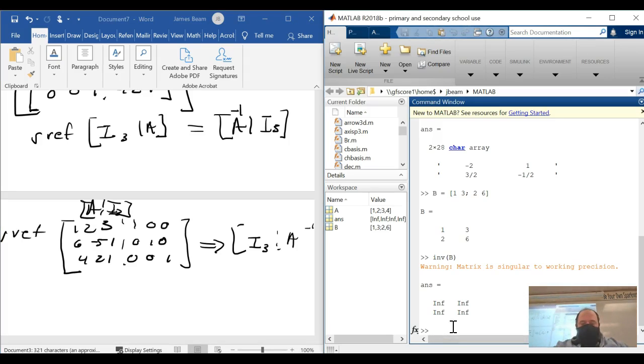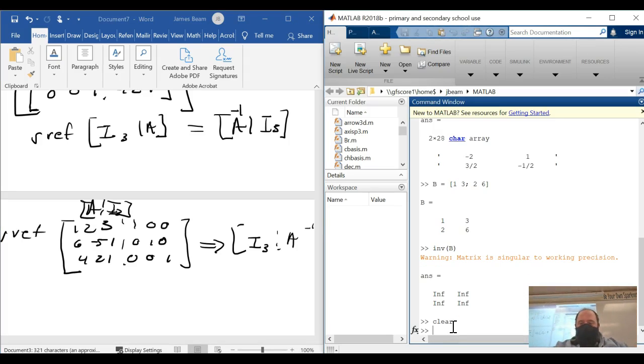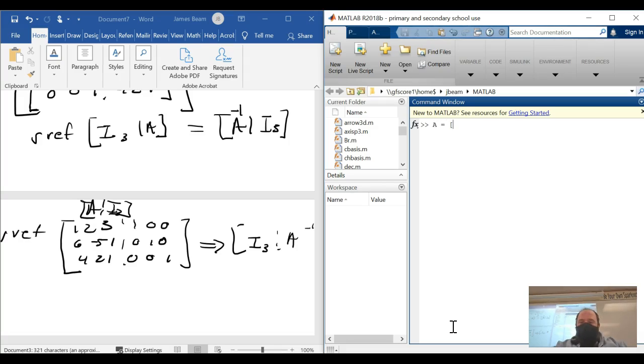So I have A being 1, 2, 3, 1, 0, 0, 6, negative 5, 1, 0, 1, 0, 4, 2, 1, 0, 0, 1, RREF.